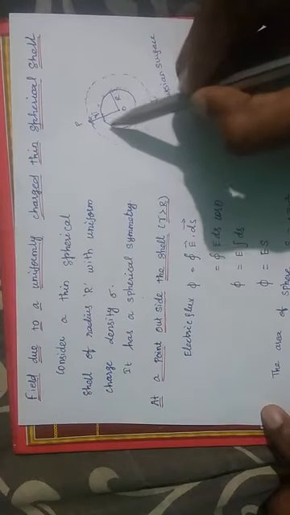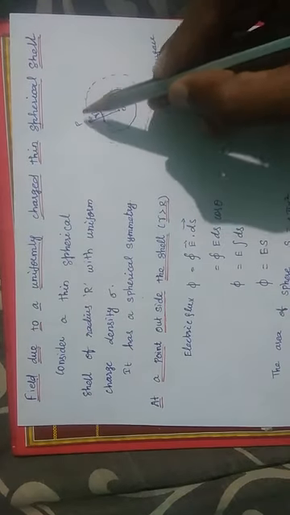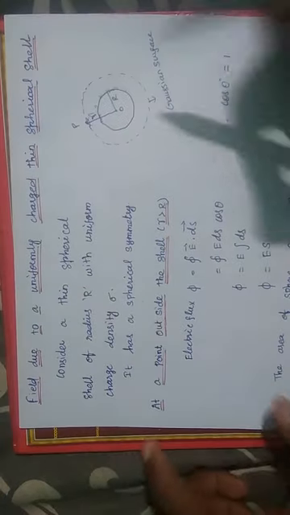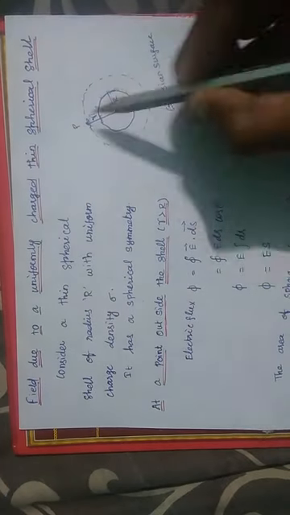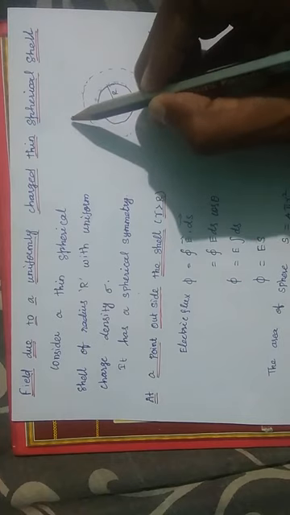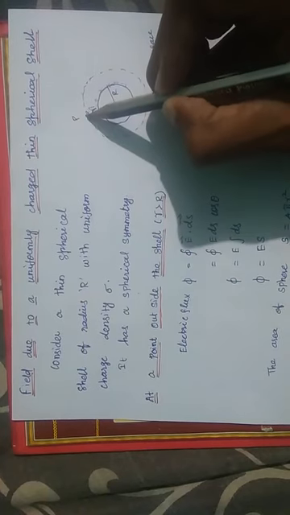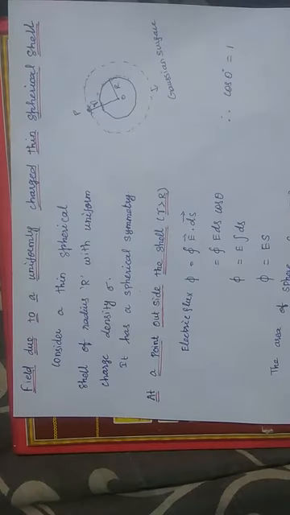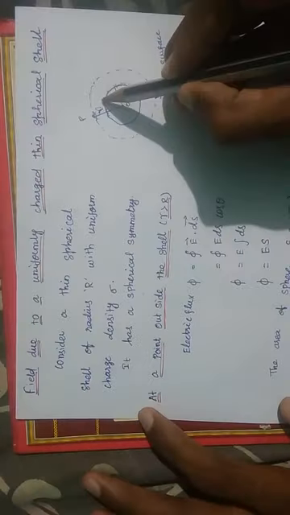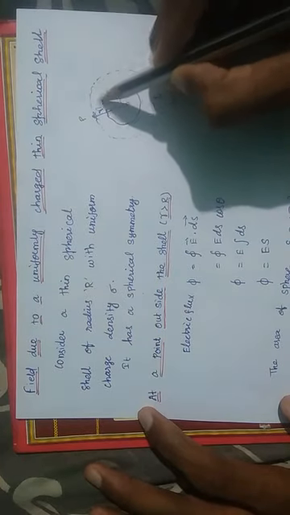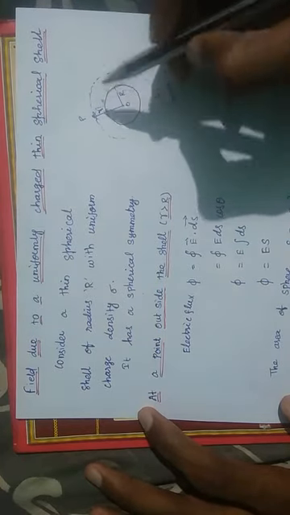So this is the spherical shell. I'm considering a spherical Gaussian surface in order to find the electric field. On that surface I'm considering a point P where I'm going to find the electric field. If the charges are placed over the surface, the field lines will be emitted radially outwards.